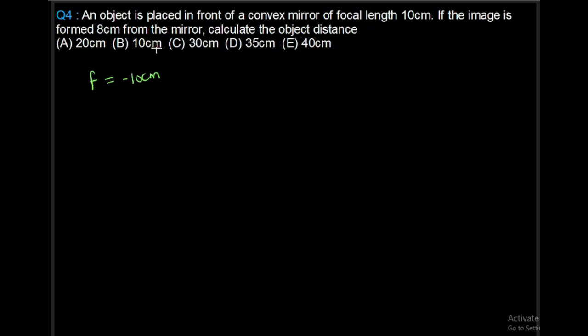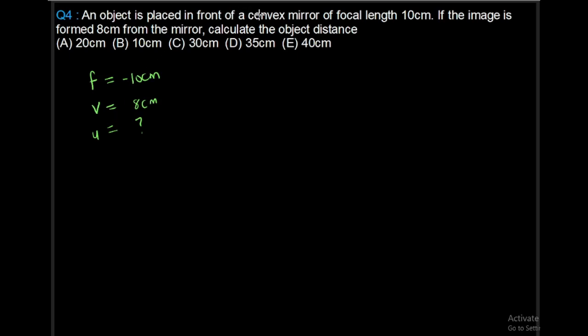They said the image is formed 8 cm from the mirror, so we have image distance equal to 8 cm. They say calculate the object distance. Now 8 cm is the image distance. Is this image distance going to be positive or negative?